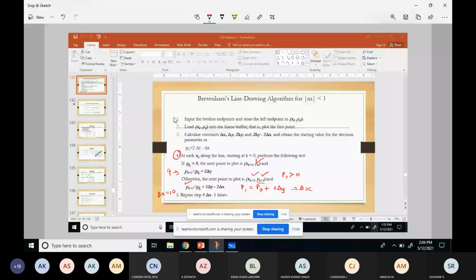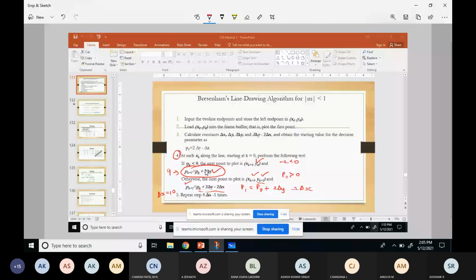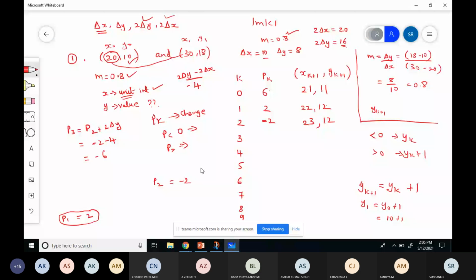Greater than 0 means pk plus 2 times delta y minus delta x. But now minus 2 is less than 0, so I have to consider the first formula. So now P3 will be P2 plus 2 times delta y. P2 is minus 2. What is 2 times delta y? 2 times delta y is plus 16. So keep this in mind.